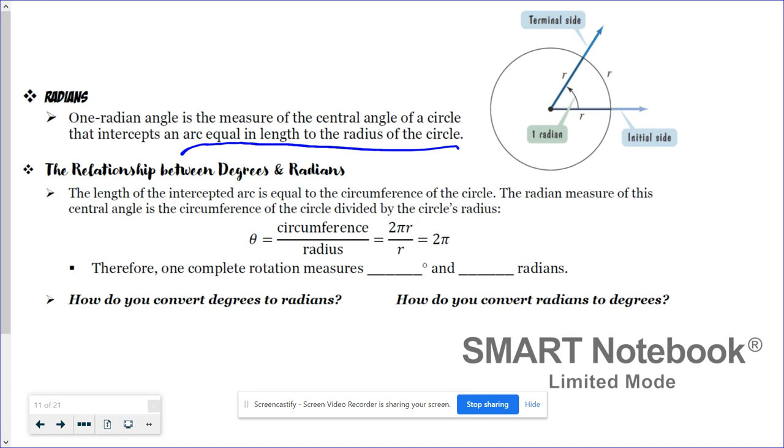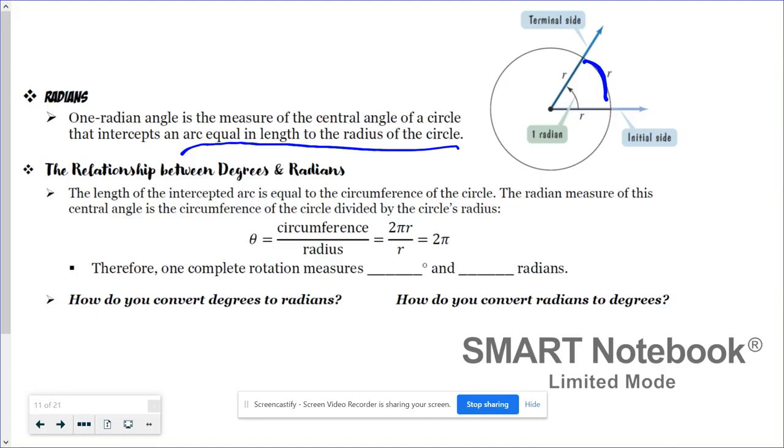And since the length of that intercepted arc is equal to the radius, if you go all around the circle, you get the whole circumference. So if I want the whole circle, I divide 2 pi times the radius by the 1 radian that I'm looking at.